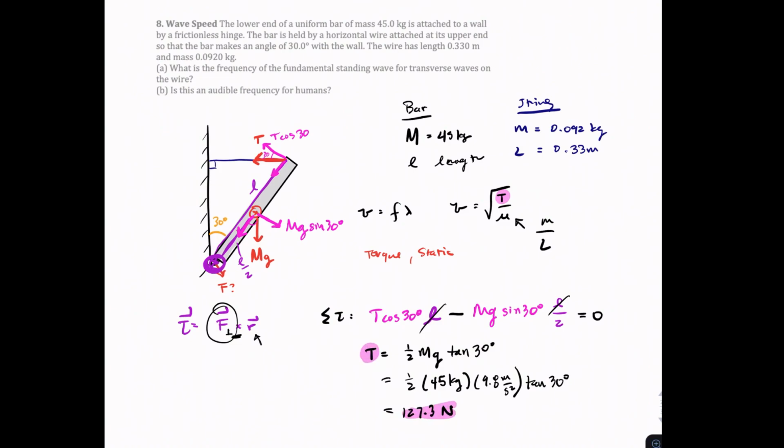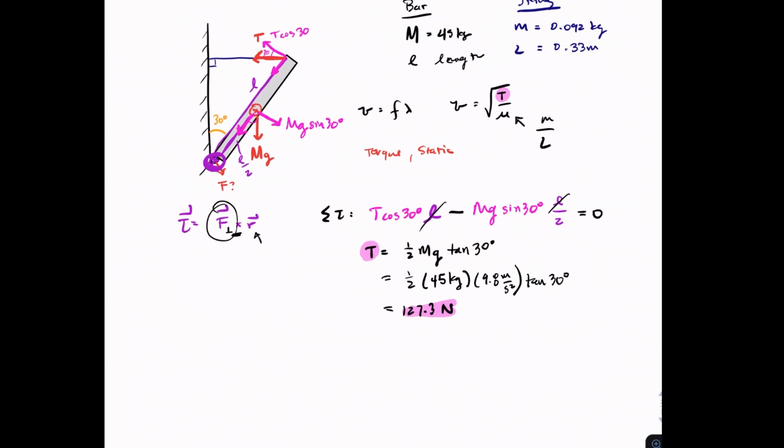That's it there. And now we need to use that to find frequency. But we know we have these other two equations. So we plug everything in, and we're going to find the wave speed, which is the square root of tension over linear mass density.